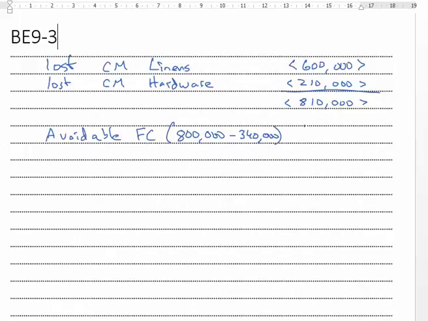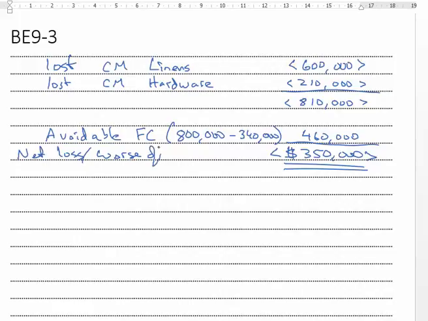So it turns out that we are only going to save $460,000 worth of fixed costs, and as a consequence, the total net loss is that we're worse off by $350,000 if we drop the linens.